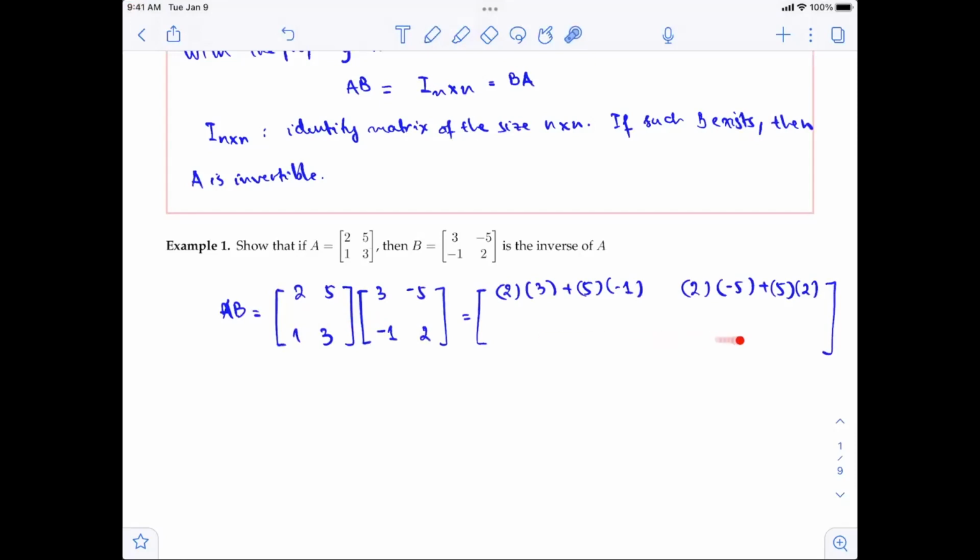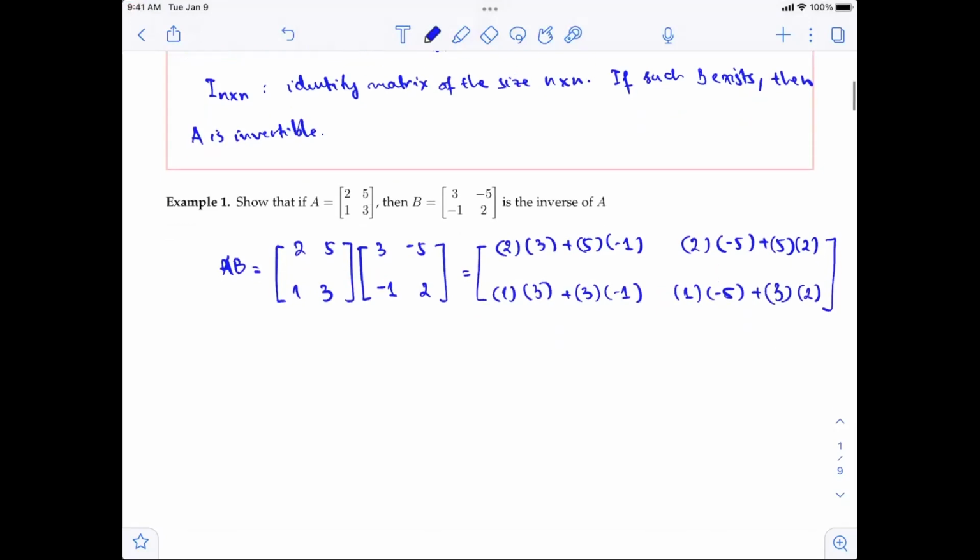In the second row, the first entry is 1 times 3 plus 3 times -1, and the second entry is 1 times -5 plus 3 times 2. Of course, you obtain the 2 by 2 identity matrix, 1, 0, 0, 1. With this calculation, it shows that B is the inverse of A.